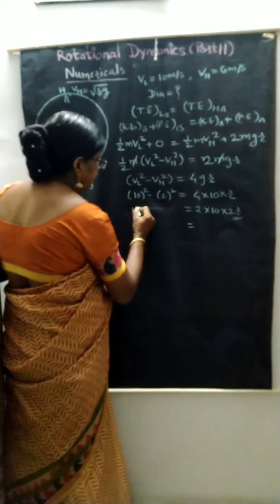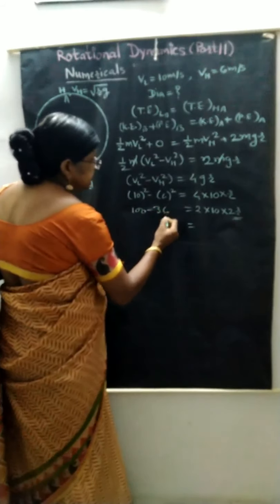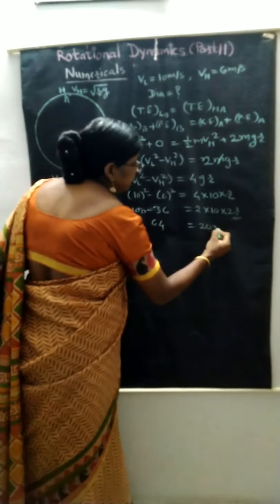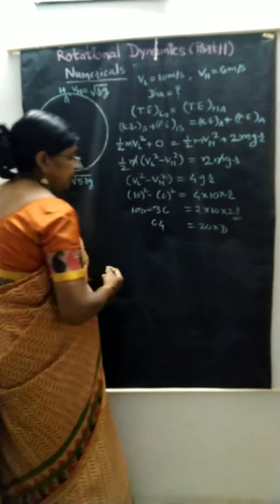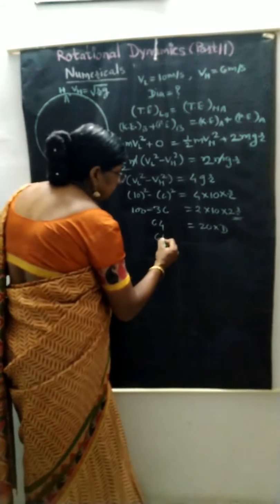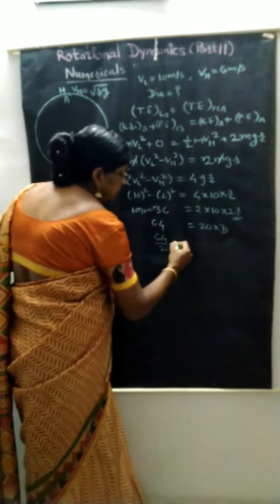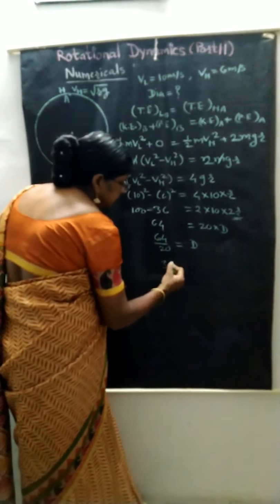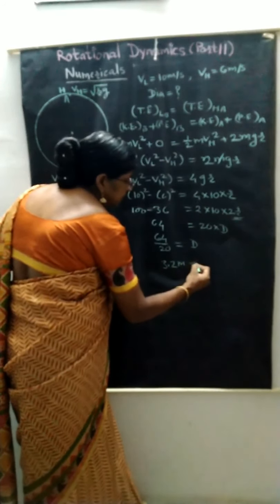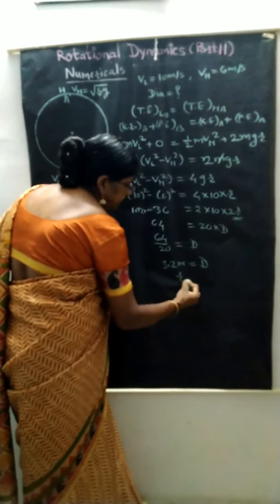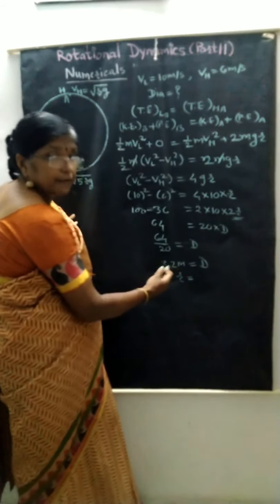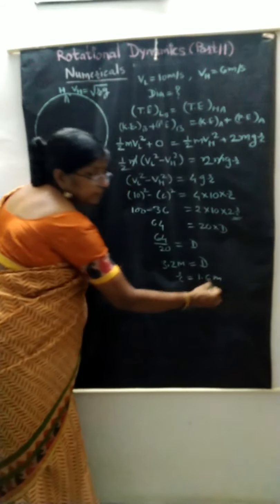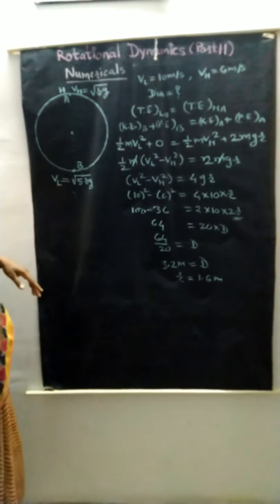So this is 100 minus 36 is equal to 64 is equal to 20 into 2r, means diameter. So 64 divided by 20 gives us diameter. So diameter is 3.2 meter. Therefore radius will be 3.2 divided by 2, that is 1.6 meter.